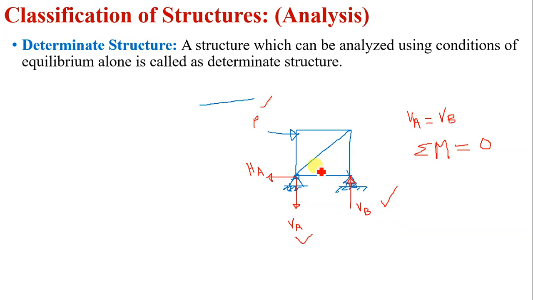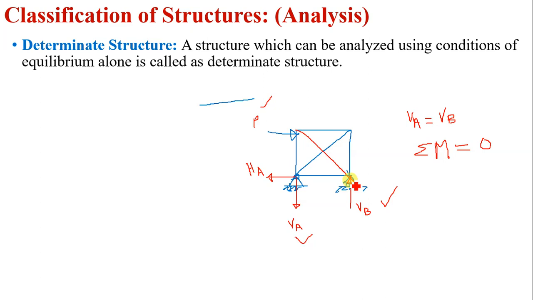Of course, a determinate structure may be determinate externally or internally. That is a different part. We will discuss it in continuation with basic definitions. Presently I am talking about reactions only. If suppose we add one more member here, then the type of structure will be different.